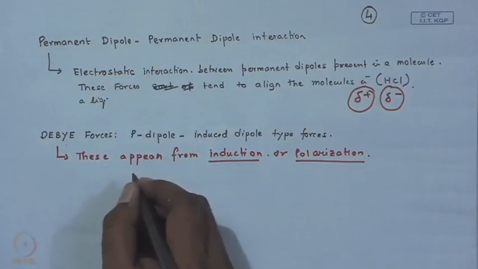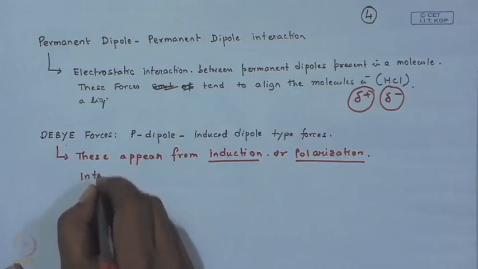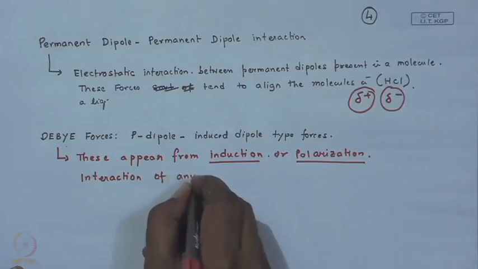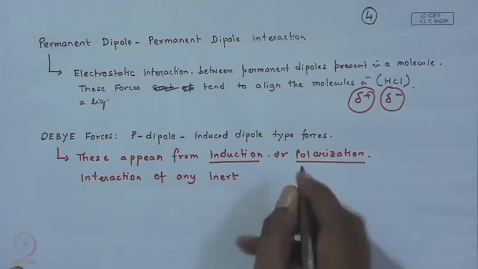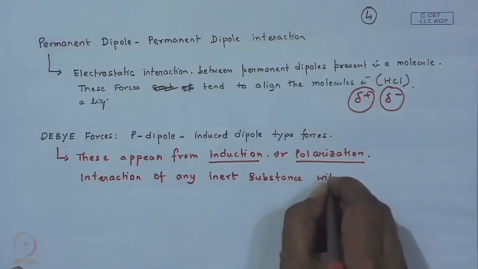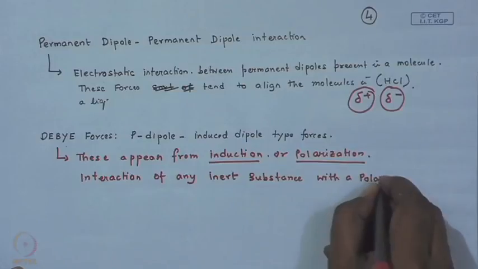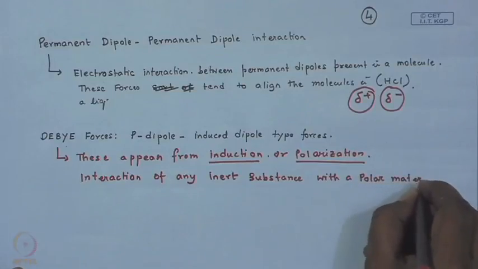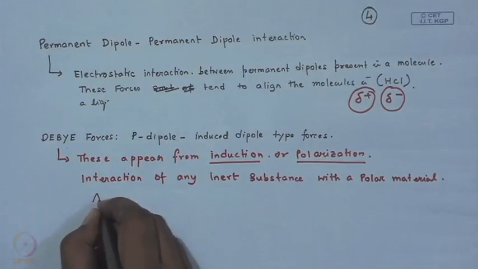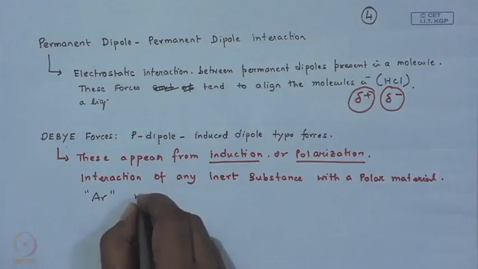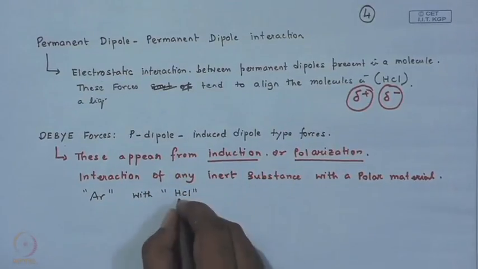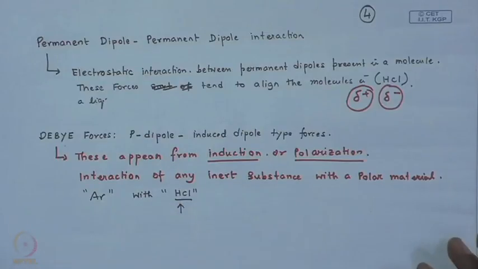A generic example can be the interaction of any inert substance with a polar material or a liquid. One of the classic examples is the interaction of argon with HCl. We have already talked that HCl is a polar compound, it has a permanent dipole.